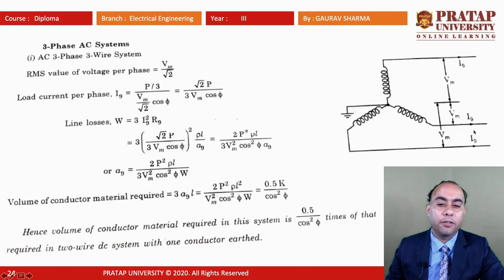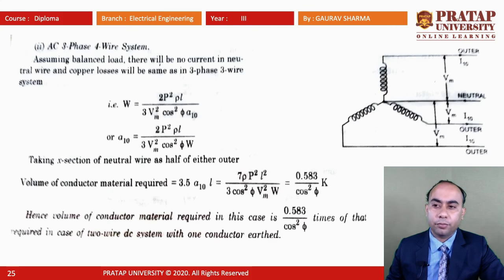Because we have 3 phases. We put this value and compare this equation with our basic equation. So it is 0.5 K by cos square phi. So we can say that the volume of conductor material required in the system is 0.5 by cos square phi times that required in the DC two-wire system.